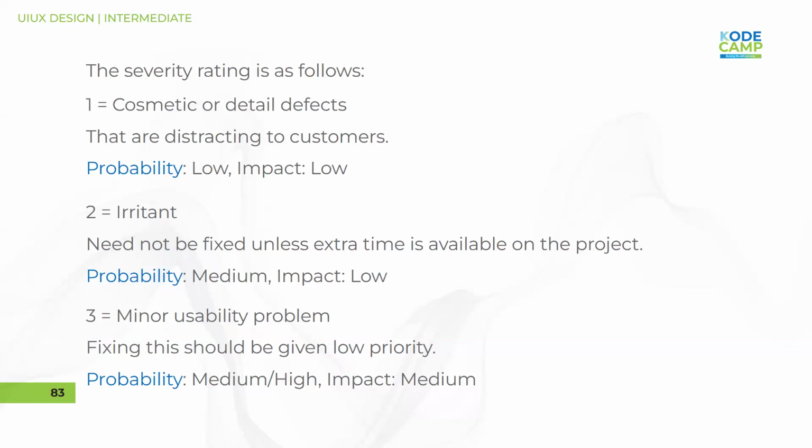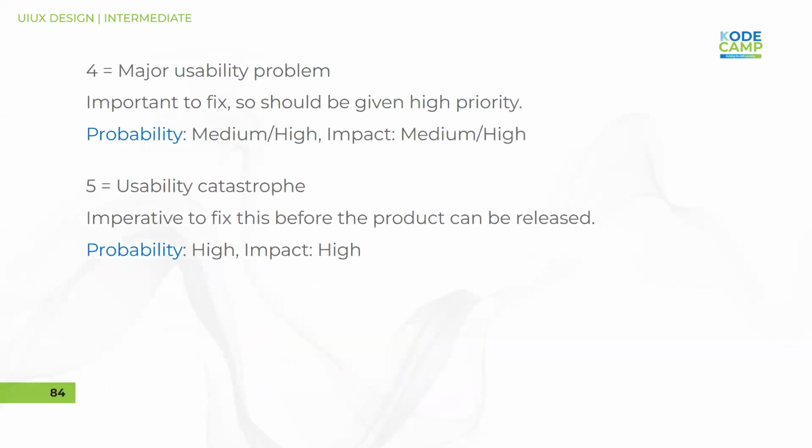So the probability is medium or high, and the impact is medium. All right. So if it falls on the fourth one, it is a major usability problem and it is important to fix. So it should be given high priority. That's why we have probability is high/medium, and then the impact is medium/high.